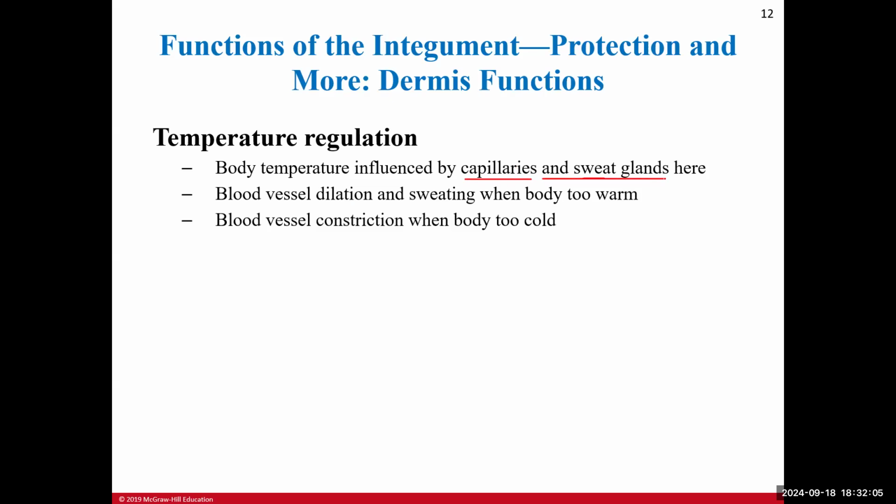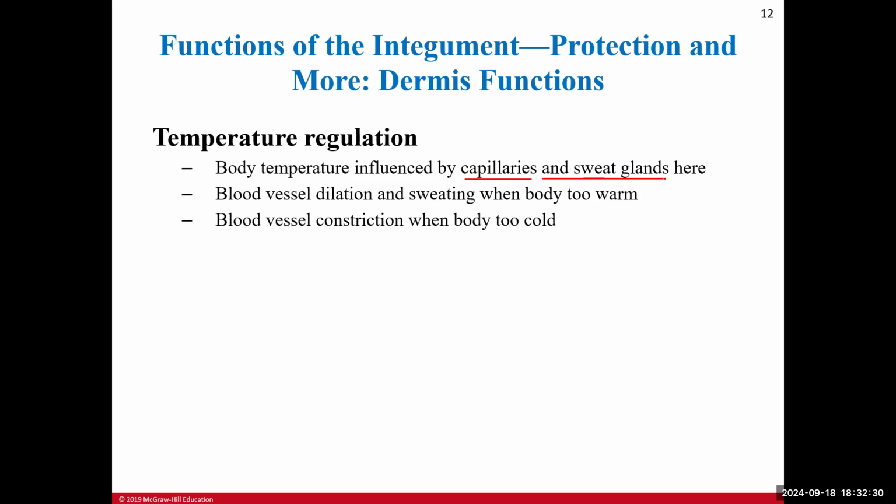Your blood is 1 degree warmer than your body temperature. And so if we bring blood to the surface of your skin, we can release the heat much more effectively. Now, couple that with sweat evaporation, we can increase more effectively that release of heat, thereby decreasing our body temperature.